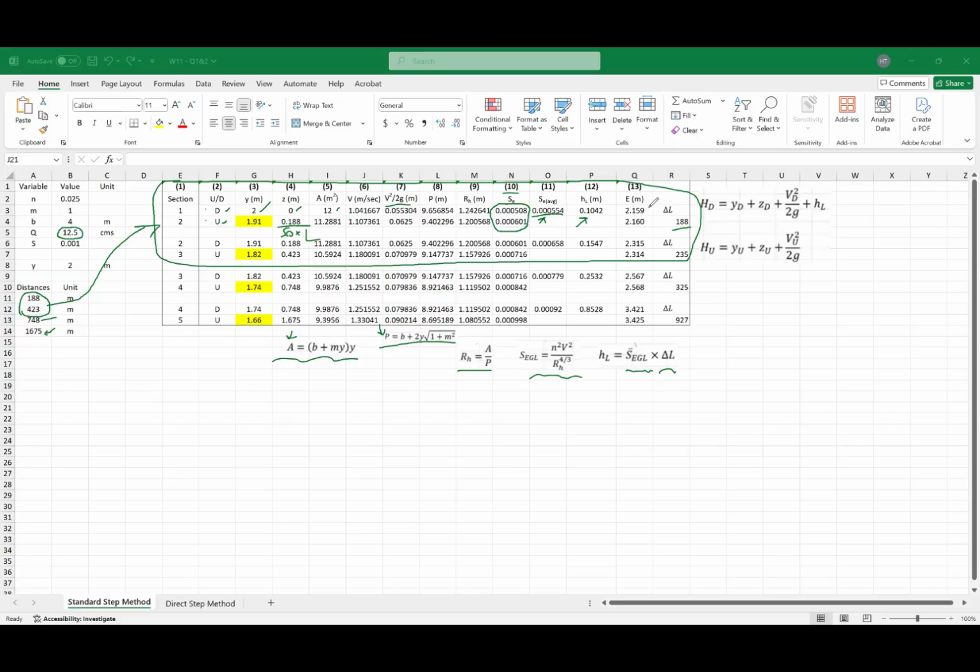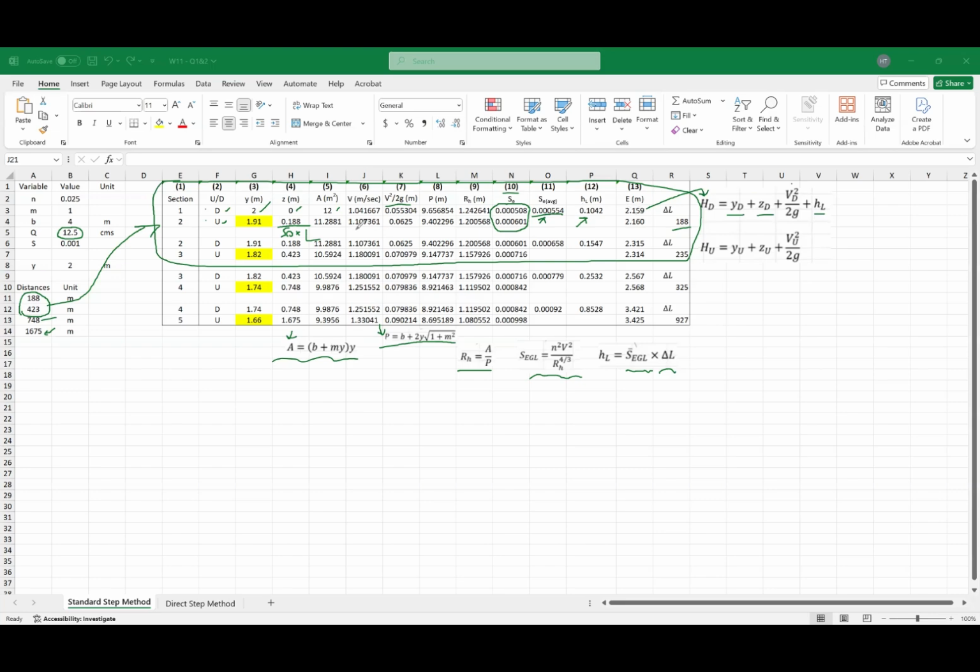For example, to find this value, we use the downstream depth, which is 2. We have the elevation, which is 0. We have velocity head as 0.055344, and finally, the head loss was 0.1042. So this gives us 2.159.